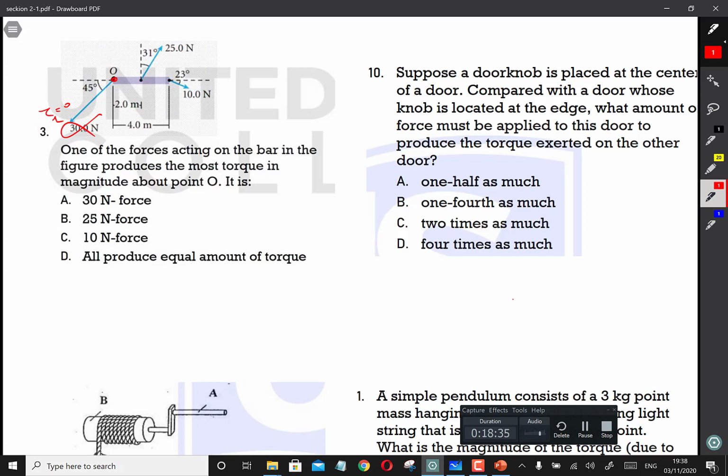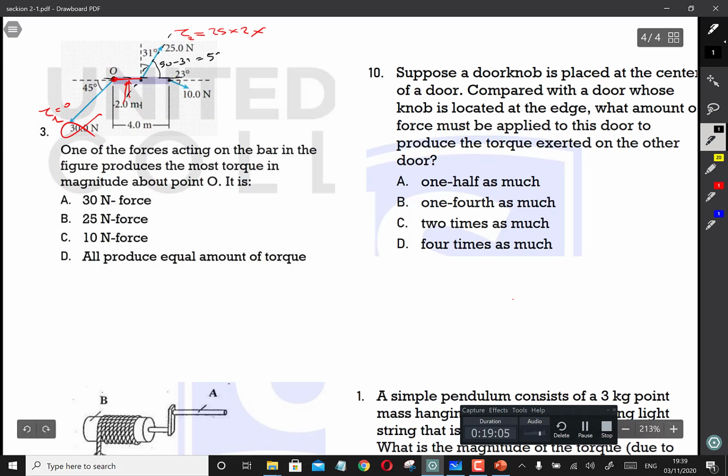Let's calculate it. So we know torque is equal to F d sine theta. F is 25. So let's say torque 2: 25 multiplied by distance. That distance is equal to 2 meters. Then the angle. But this angle is not the angle that we need. We need the angle between the distance line and force line. This is the force line. This is the distance line. We need that angle, which is equal to 90 minus 31, which is 59 degrees.